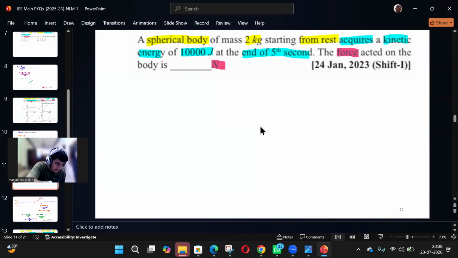Okay, I think I got it. V square, v is equal to 100 meters per second at the end of the 5th second.